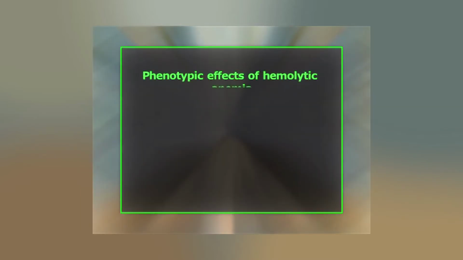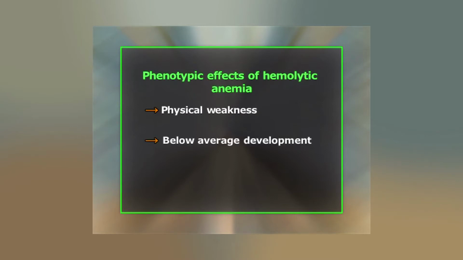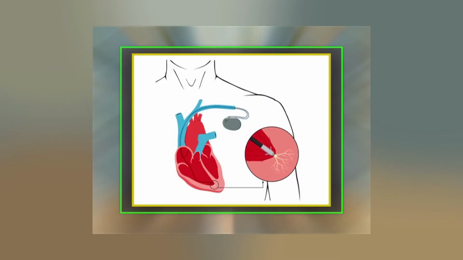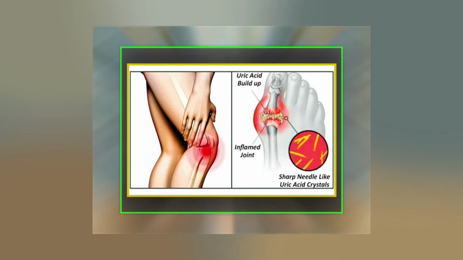The phenotypic effects of this anemia include physical weakness, below average development, and hypertrophy of bone marrow. The second one is that the sickled cells interfere with capillary blood flow by clumping of the odd-shaped cells, resulting in damage to every major organ. The individual can suffer pain, heart failure, rheumatism, and other effects.